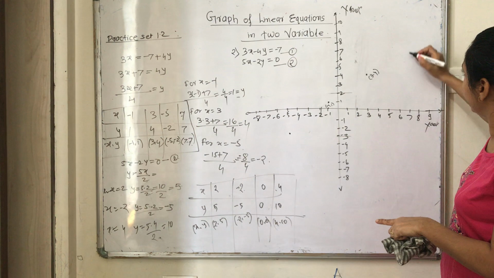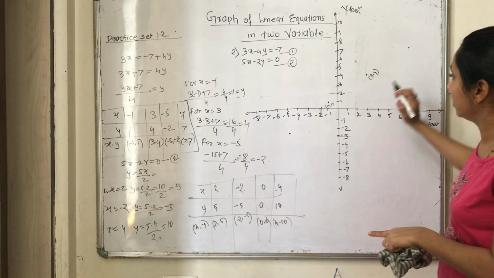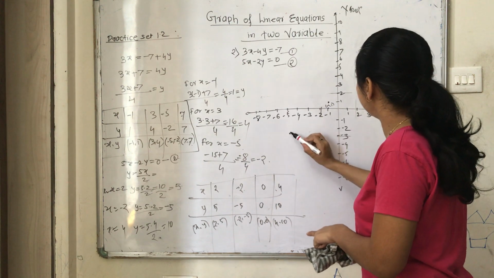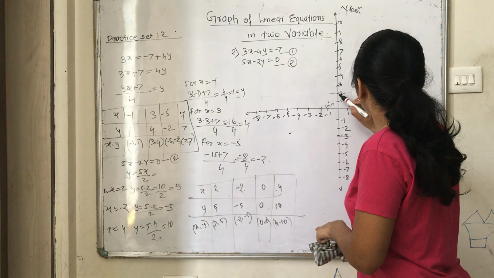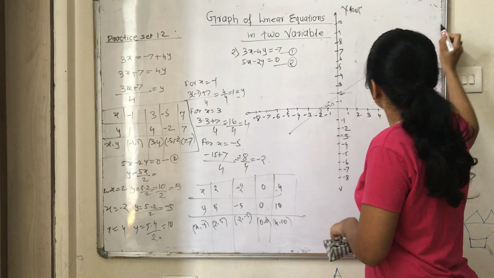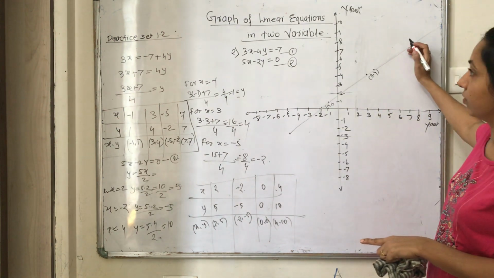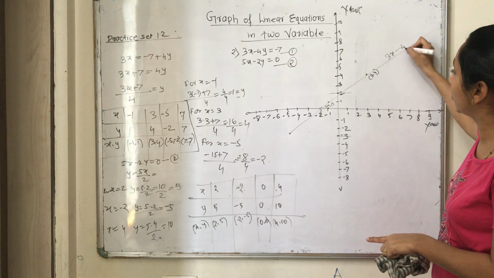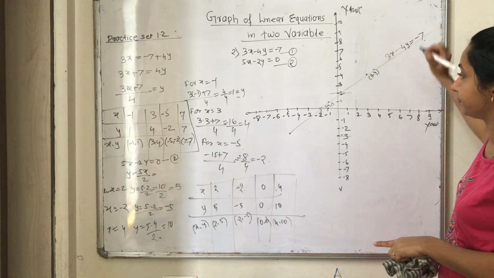Now we need to draw a line for these points. It should be a straight line. So these are the points and I will get a straight line like this. Next, what is the equation for this line? This is 3x minus 4y equal to minus 7.